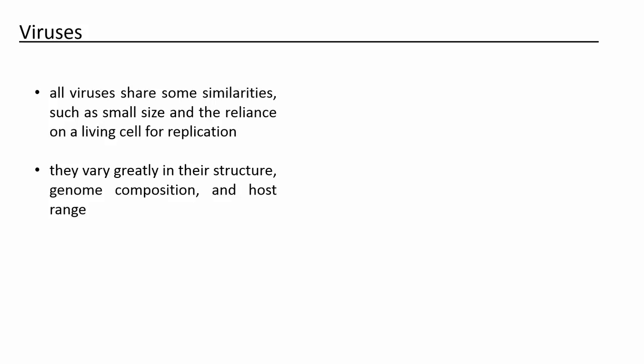Host range is the number of different types of organisms the virus can infect. If it can infect a lot of different types of organisms, then it has a wide range. But other viruses can only infect a certain specific species. And even more than that, there are viruses that within that species can only infect a certain cell type.